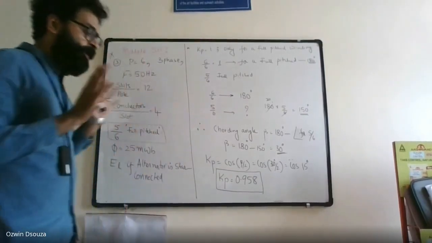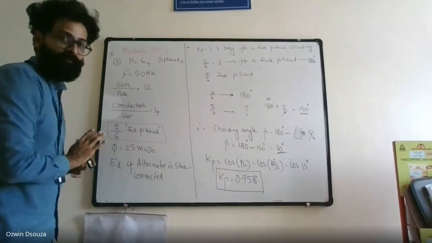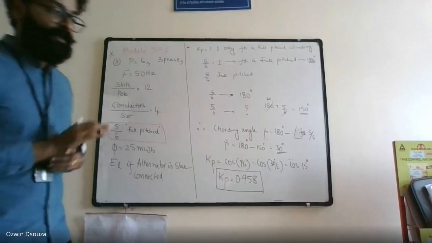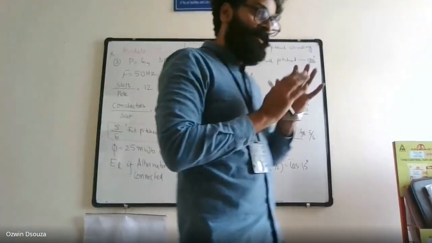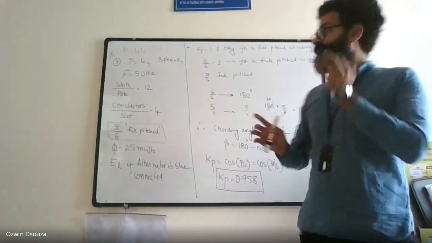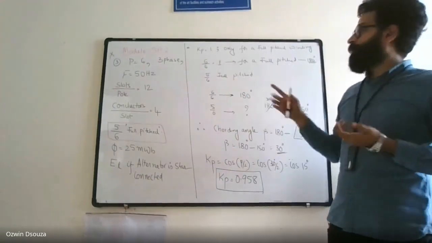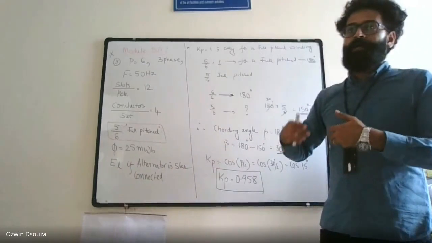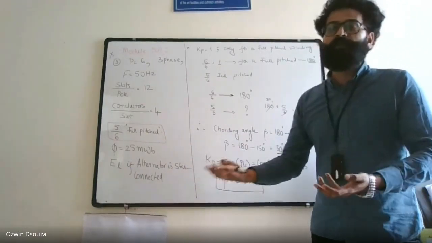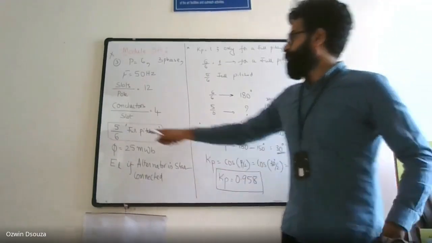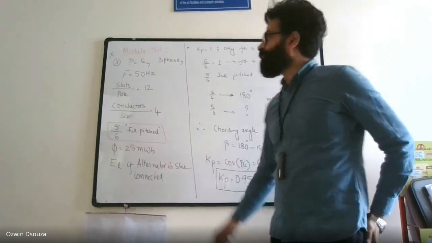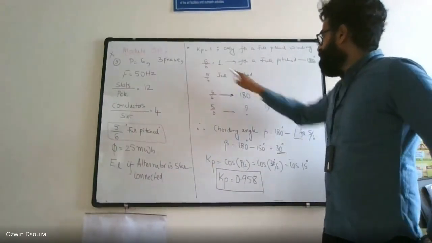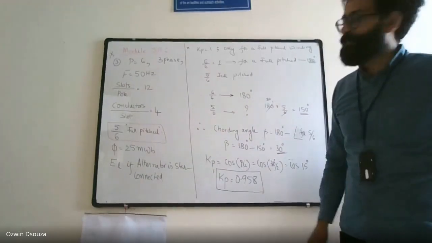All you have to do is look for this data. In the given problem, it is given as 5 by 6 full pitched. And you know that for a full pitched coil, Kb is equal to 1. You can look at the numerator and denominator and tell when you will get unity value: when you have a 6 by 6 ratio. So 6 by 6 corresponds to 1, and that corresponds to 180 degree electrical.